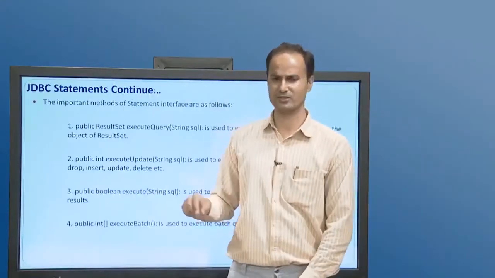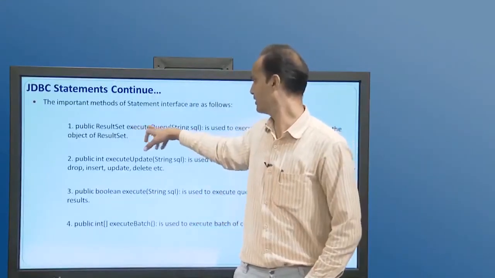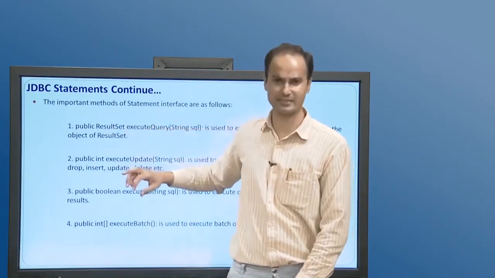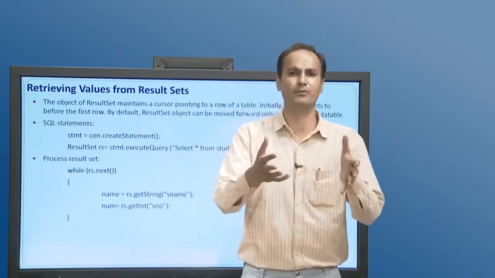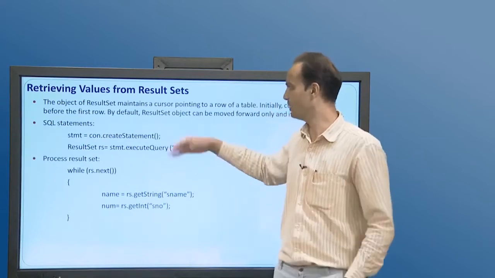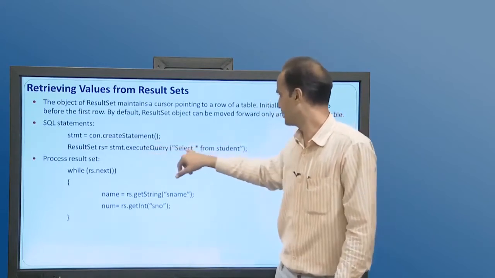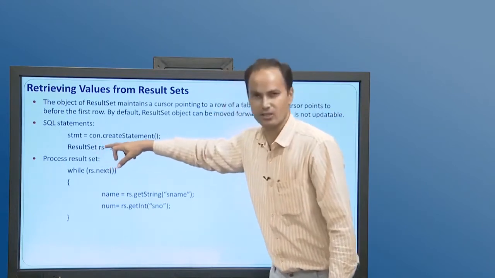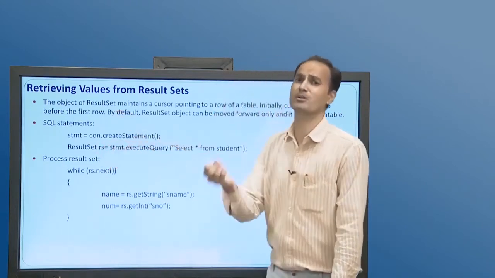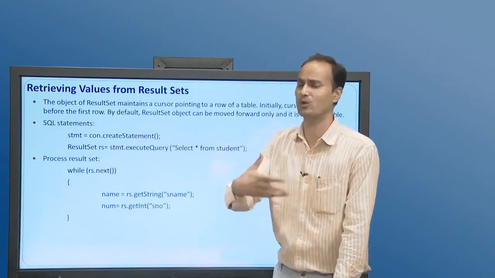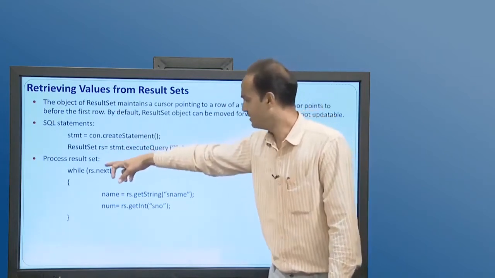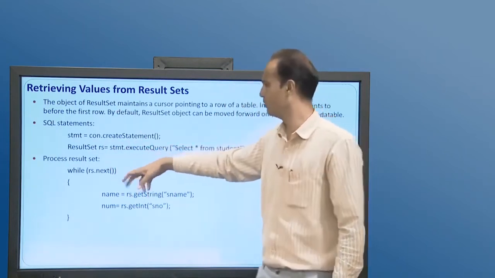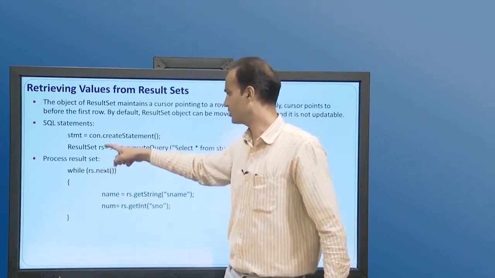In the previous slides we have seen, see here, execute query returns a result set. Once we have a result set, we want to manipulate it. So, how do we manipulate? See here, execute query select star from student. It will return a result set in RS. That means RS contains a number of records. So, how do we process through that? We just traverse RS with a while loop using while RS dot next.